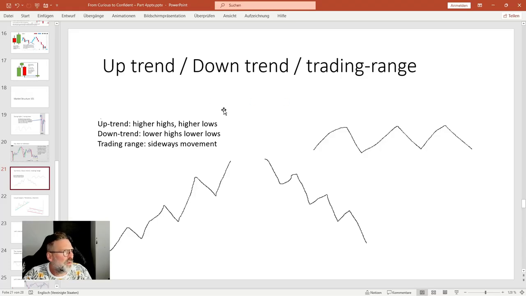The definition of an uptrend is that we make higher highs and higher lows. So what does that mean? Well, this is a swing high and this is a swing low. Now let's just call it high and low. It's the same, right?